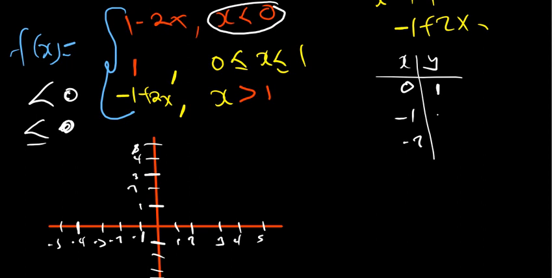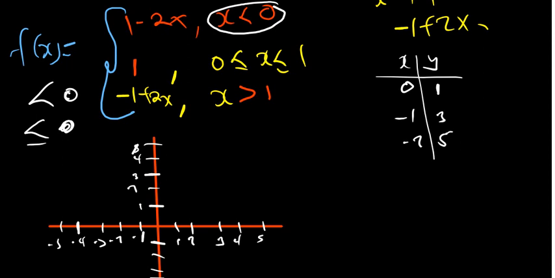If I put negative 2, it's going to be 5. Let's plot the graph.